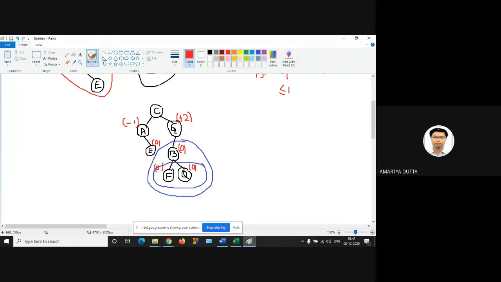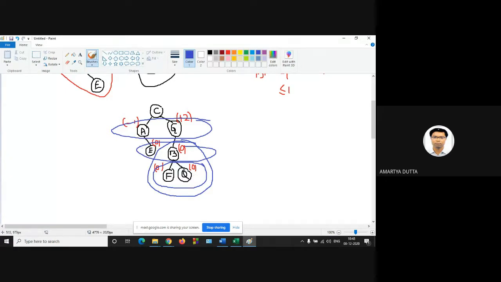Okay. Now what will be the balance factor of C, the root node? Anyone? 1 or -1? Yes, -1. Why -1? Because A and G lie at the same height, E and B lie at the same height, but F and Q lie at the third height.